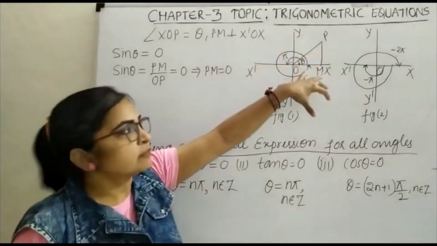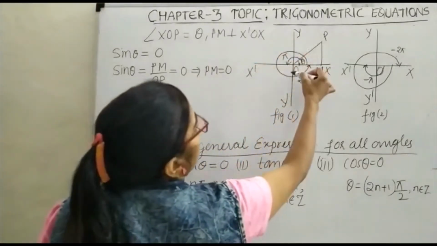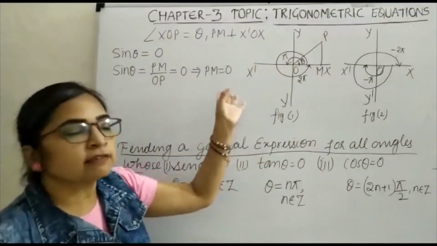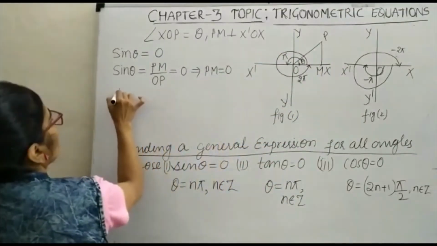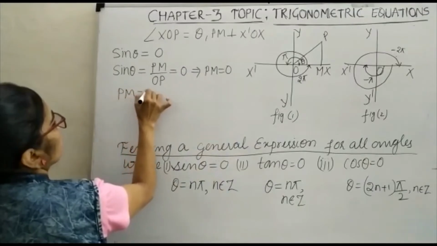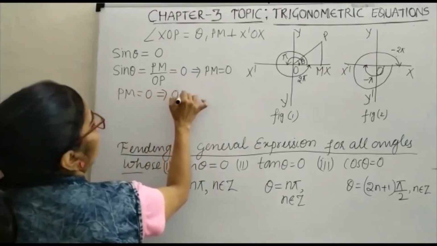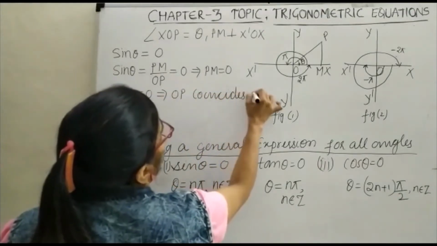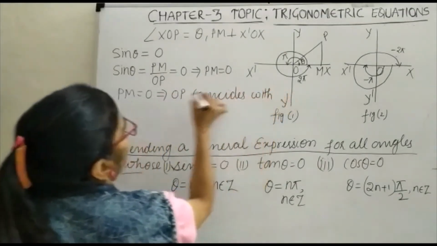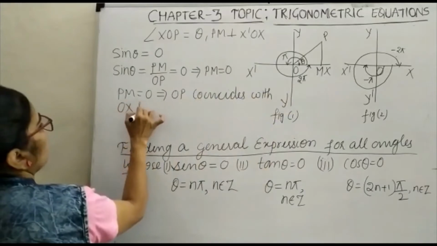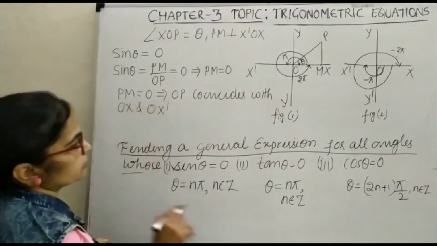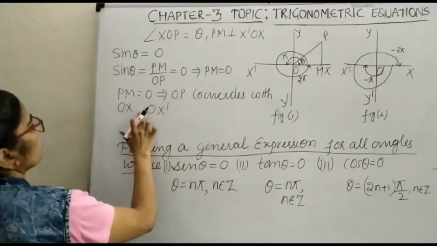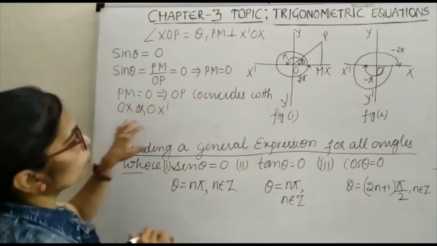When will PM be 0? When OP coincides with X as well as X dash. That means PM is equal to 0 implies OP coincides with OX and OX dash, right? Either OX or OX dash.